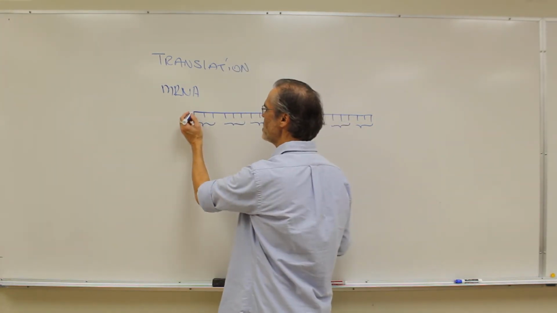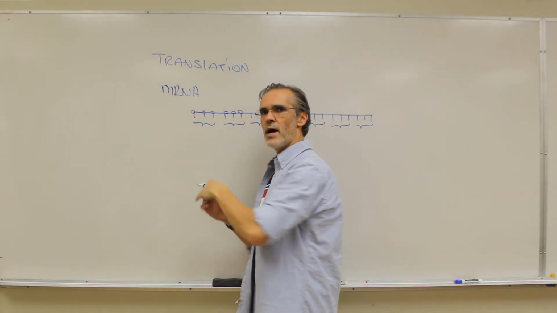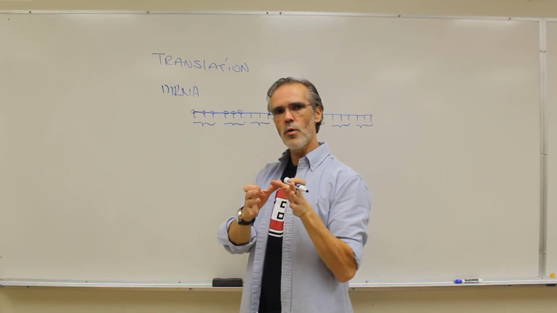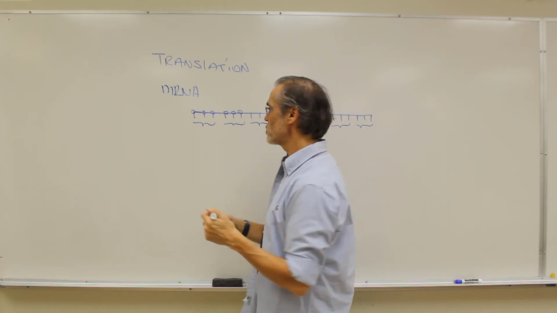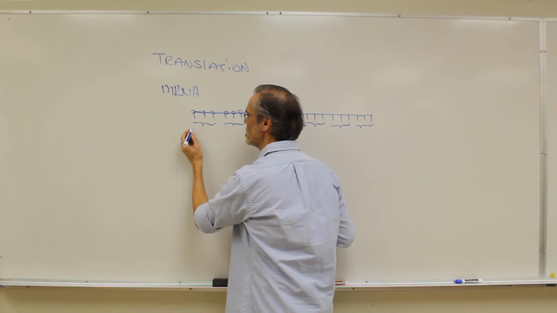And every 3 nucleotides on the mRNA, so of course you can imagine it'll be a very long stretch of nucleotides, but every single one of those nucleotides is actually paired up with 2 other nucleotides. So it creates this trio of nucleotides, and that trio is called a codon.